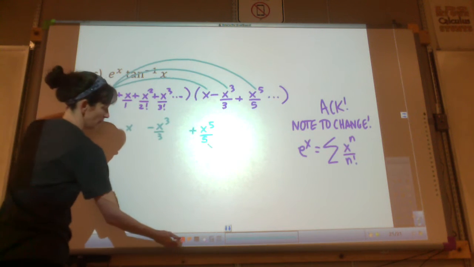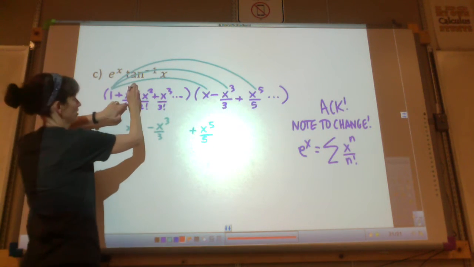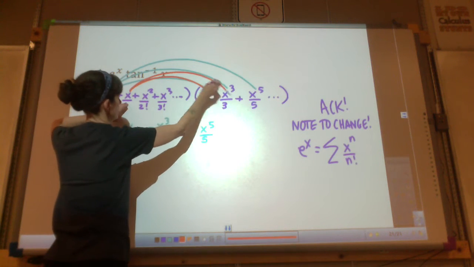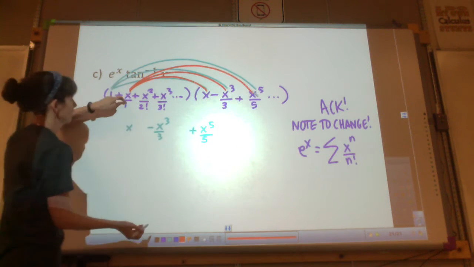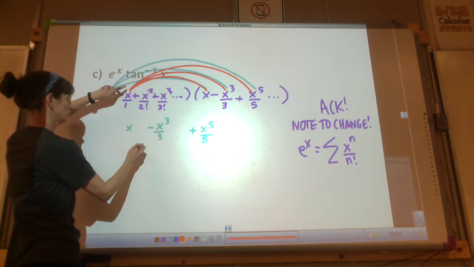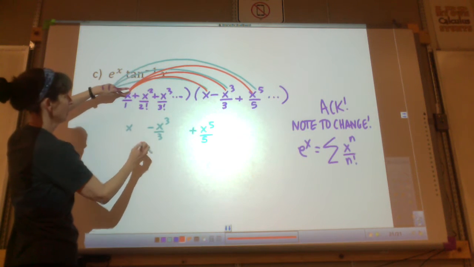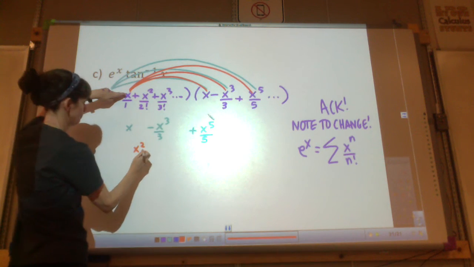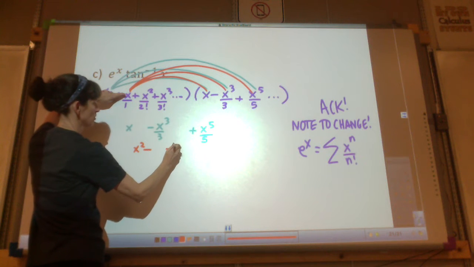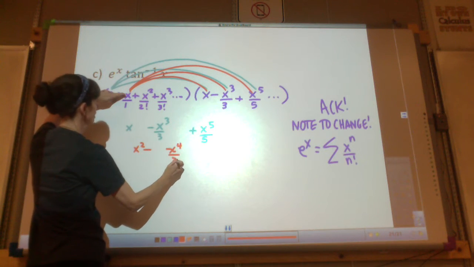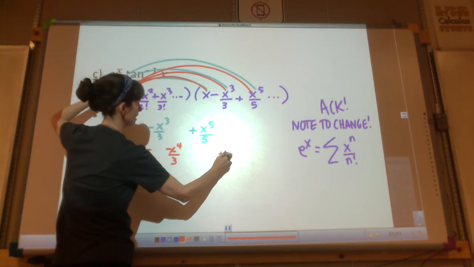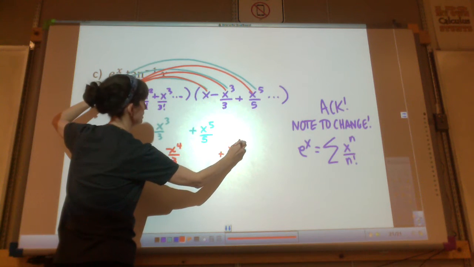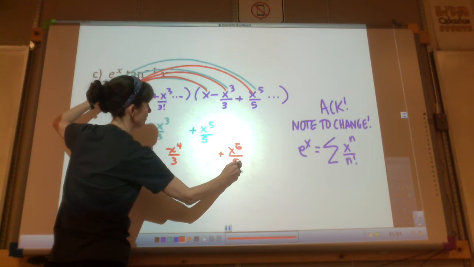Okay, done. Next, this guy times this, times this, times this. Now I have an x squared. I have x to the minus x to the 4th over 3 and plus x to the 6th over 5.